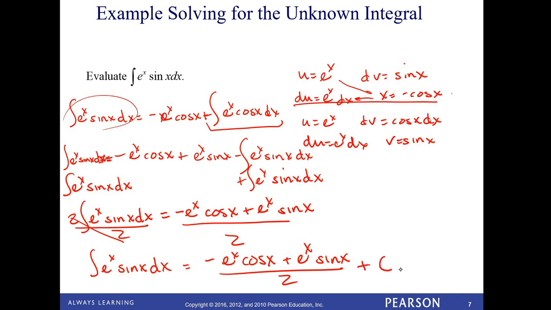Don't forget to add your plus c at the end. So that's a tricky one where we look like we're going in circles. We're going to add it to both sides and then simply solve for one of the two.